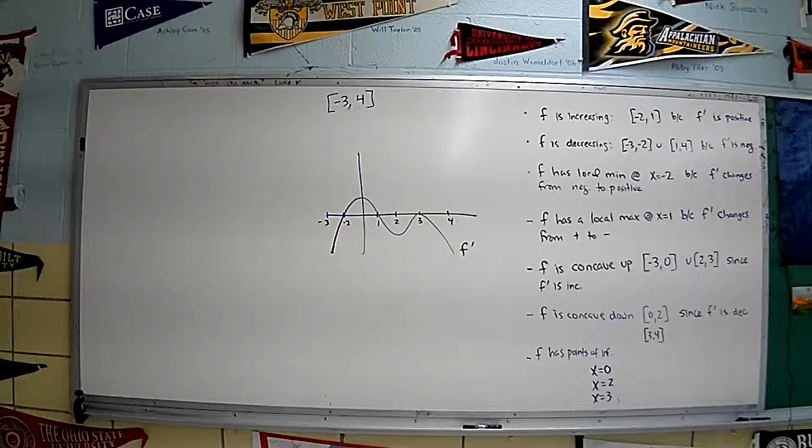Is there anything else we can say about F there? Oh, we got 2 viewers. Ooh. We got 2 viewers right now. I don't know who they are. Maybe they could identify themselves in the chat.